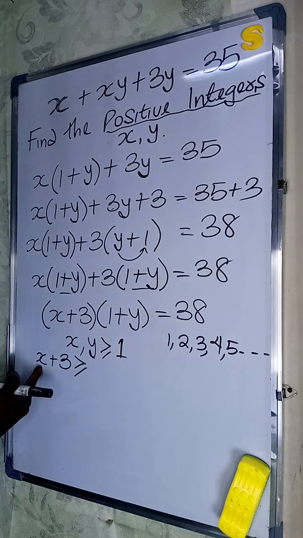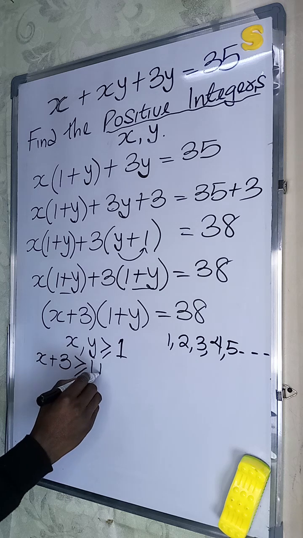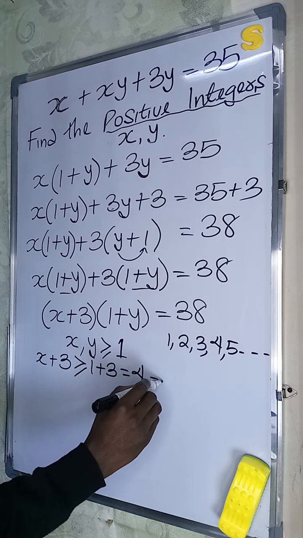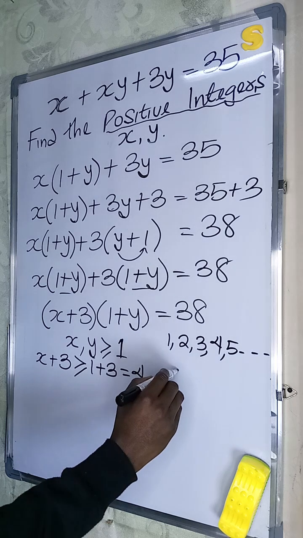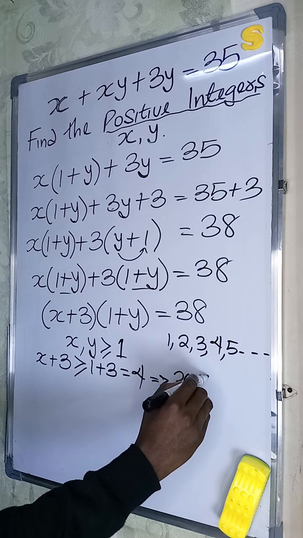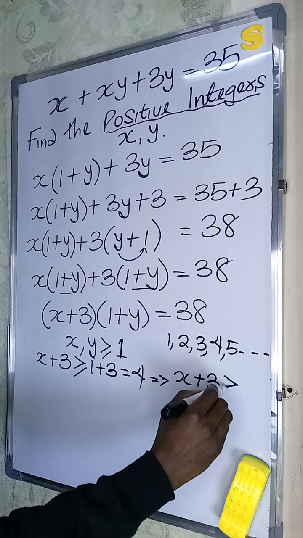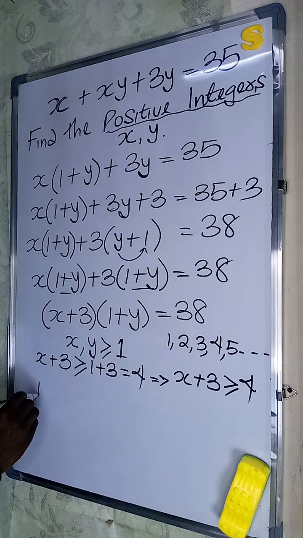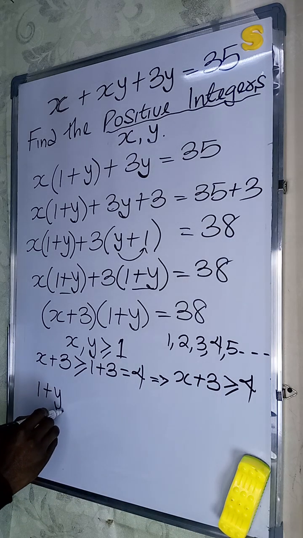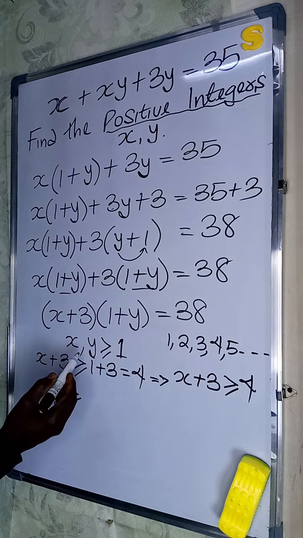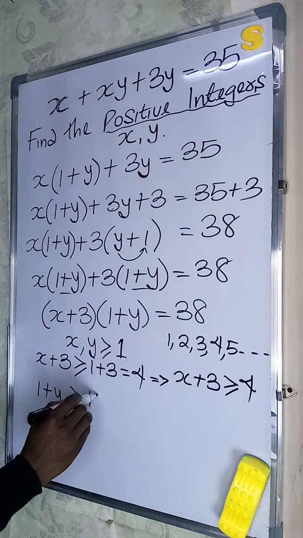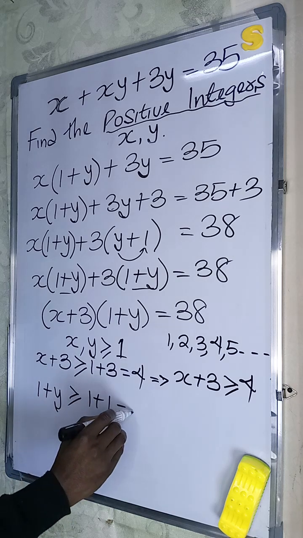So if x is equal to 1, we'll have 1 plus 3, and this is equal to 4. This simply tells us that x plus 3 must be greater than or equal to 4. On the other side, if y is greater than or equal to 1, then we'll have 1 plus 1, which is equal to 2.